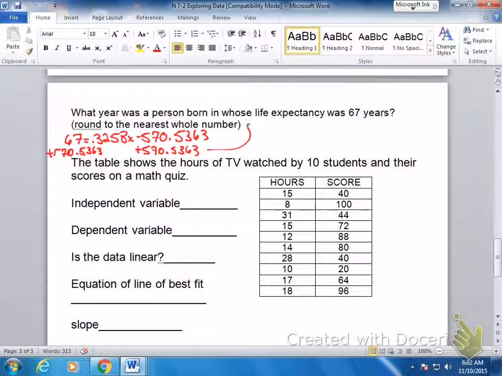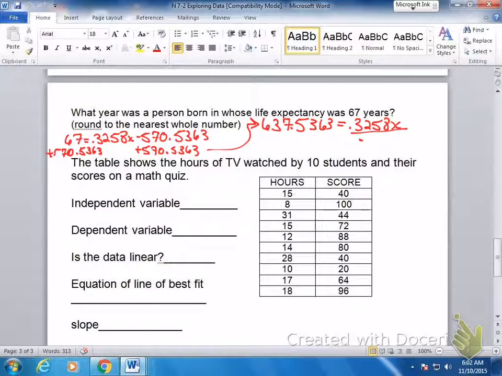You should get 637.5363 equals 0.3258X. All we did was move our number to the other side. Now we just have some multiplication to undo on the right side, and we should be finished.